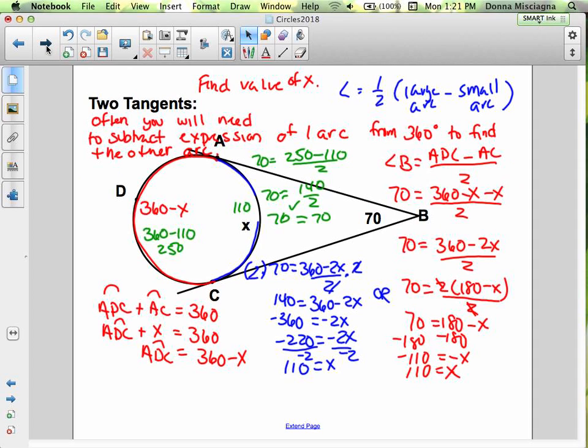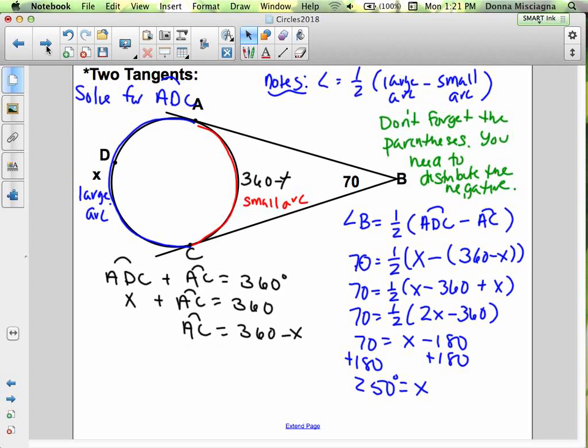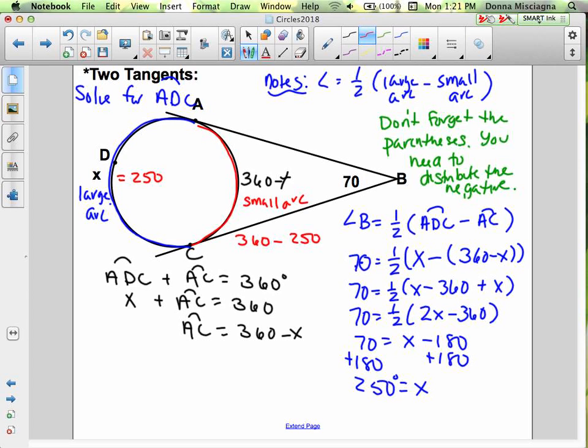And on the next problem, we found the large arc, that was X, so that was 250 degrees. If we plug in 250 for X, we would have 360 minus 250 means that arc AC is 110 degrees.